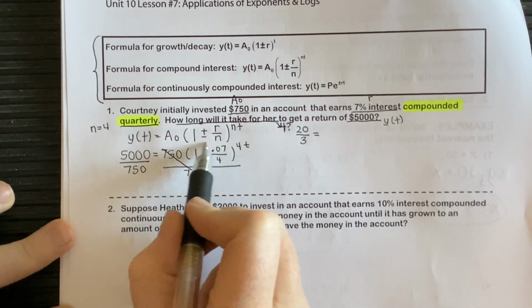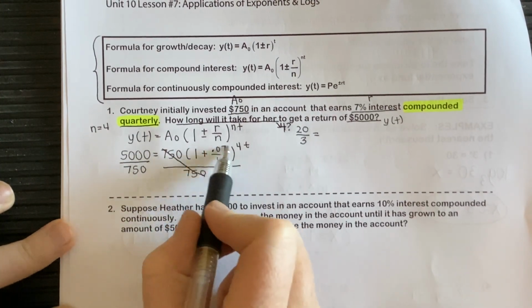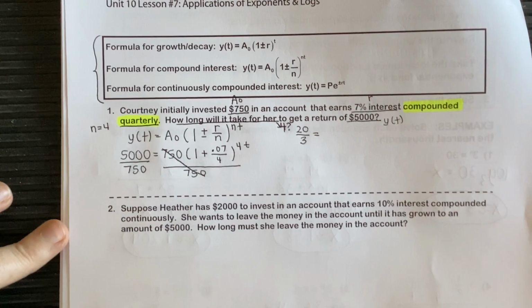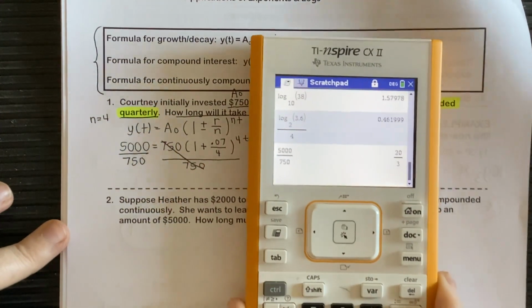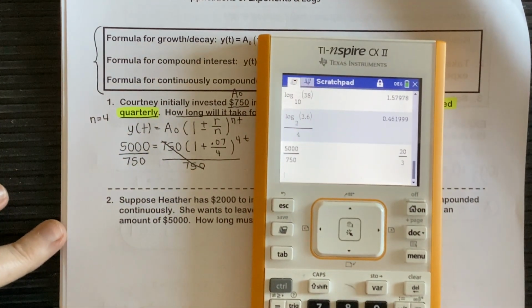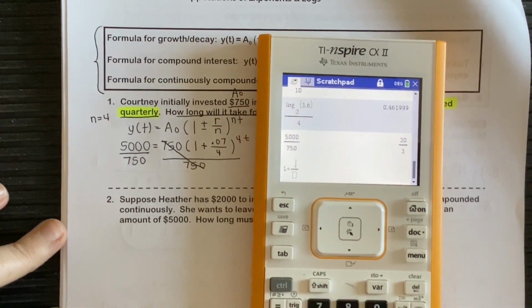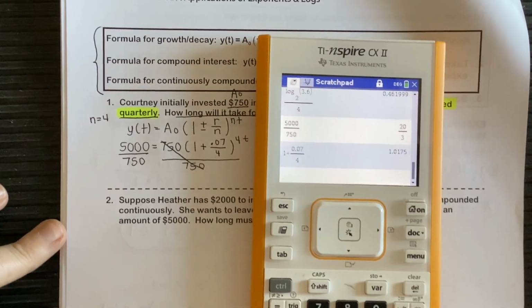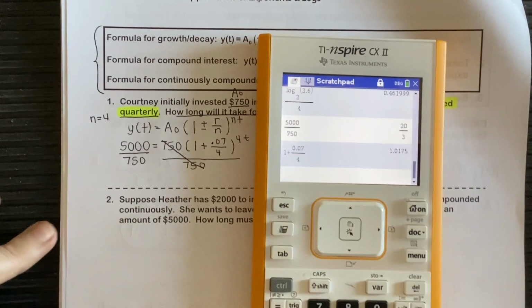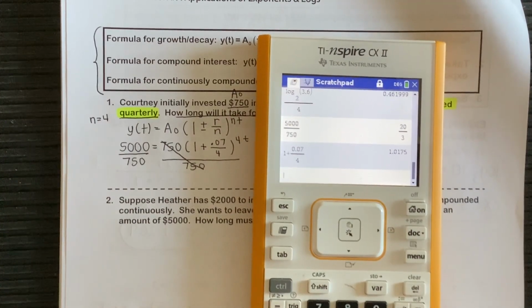Now, let's break down what's in the parentheses too. So far I've done the 20 over 3. Now we have 1 plus 0.07 divided by 4. That's all going to break down to give us this number. You want to condense things down as much as you can.